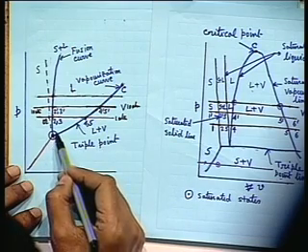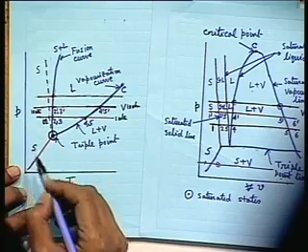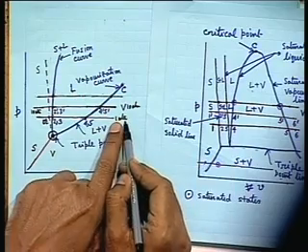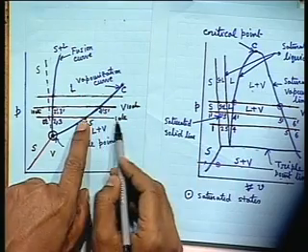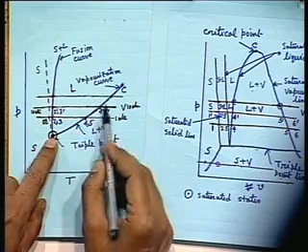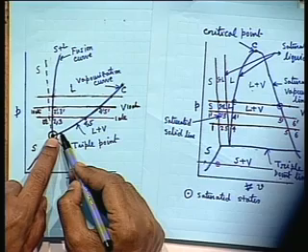Okay, this point is the triple point. So below this point we have solid straight to vapor. You understand? I am giving an example. At 1 atmospheric pressure, water boils at 100 degrees Celsius. If you go on reducing the pressure, the boiling or saturation temperature decreases drastically.